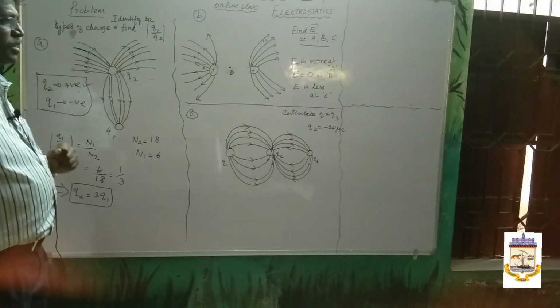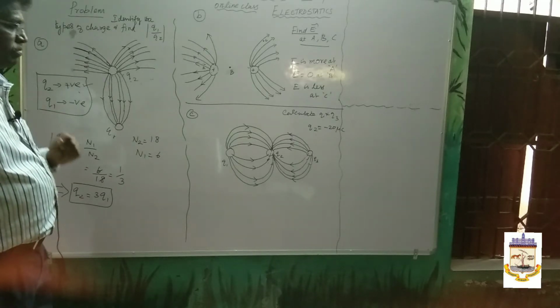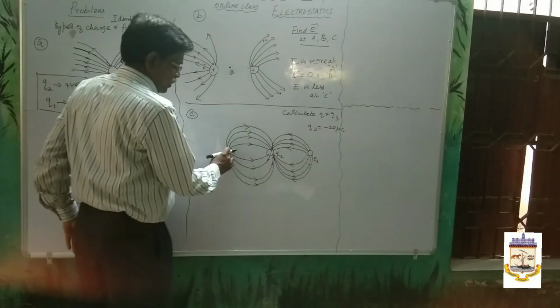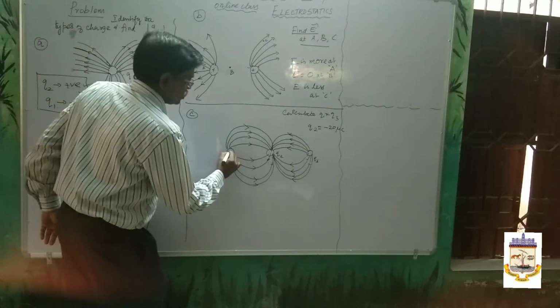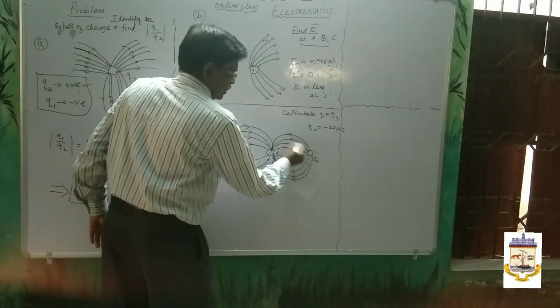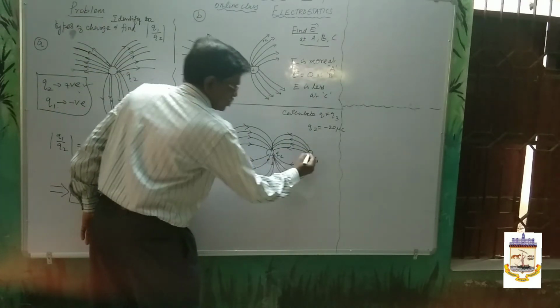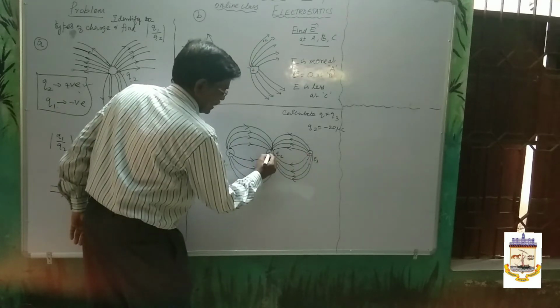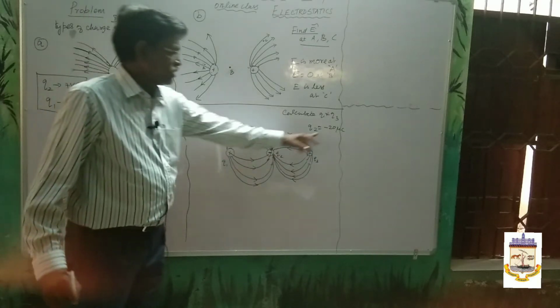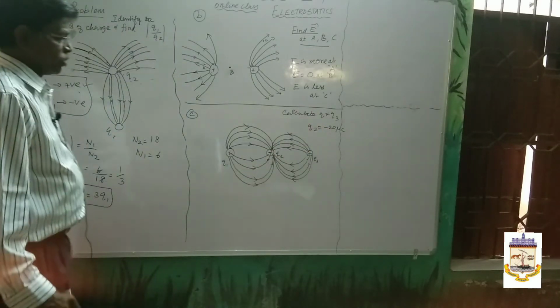How to find Q1 and Q3? Just observe the diagram. The lines are starting from Q1, so this should be positive. In Q3 also the lines are starting, so it is positive. The lines are ending at Q2, so this is negative. Q2 is minus 20 microcoulomb, they have given.